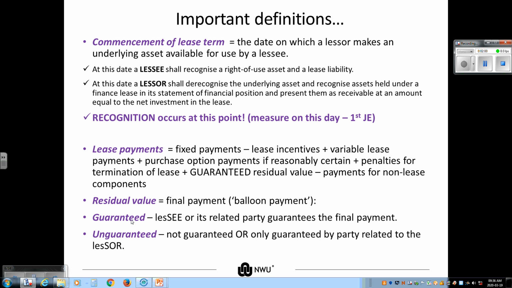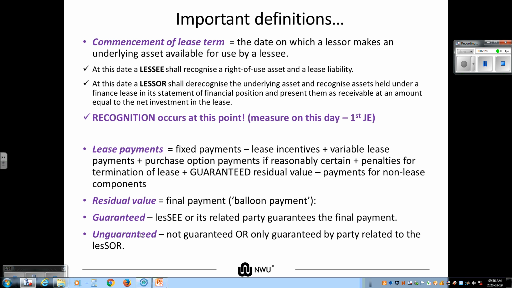This lessee will need to include in the calculation of its lease payments an amount of 80 Rand, because it has guaranteed that the value will be 100 Rand, but it expects the asset to be worth 80 Rand less than this, which means that it will be expected to pay the 80 Rand in order to honor the promise.